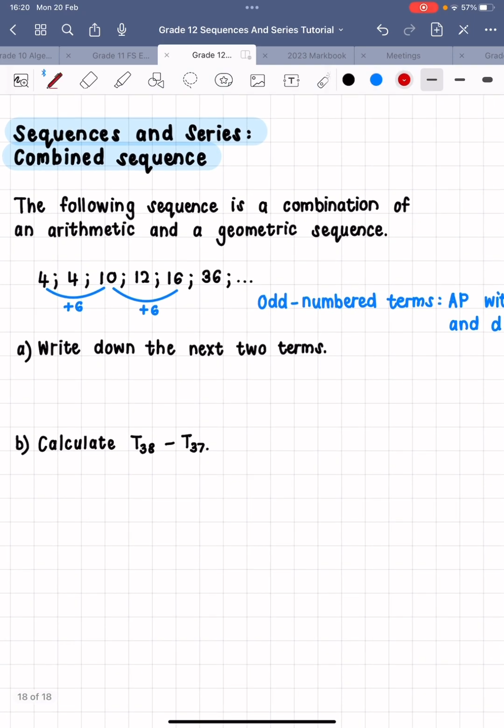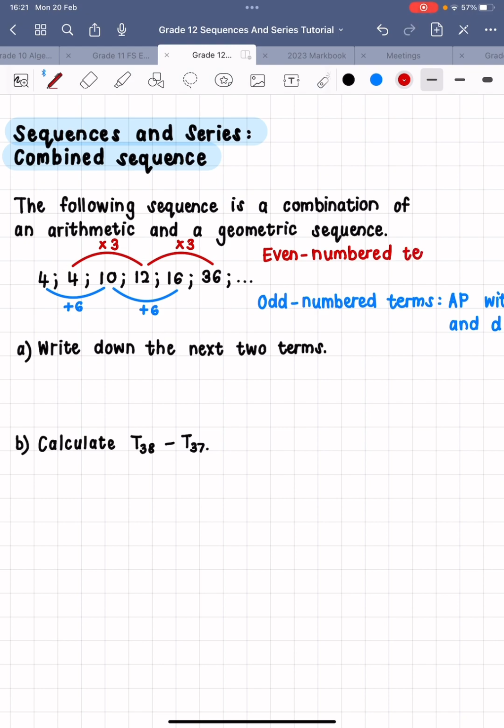If we look at the even number terms, so I'm talking about term 2, term 4, and then term 6, we can see that we are multiplying by 3 each time. So the even numbered terms, so terms 2, 4, 6, 8, 10, 12, and so on, are going to form a geometric number pattern.